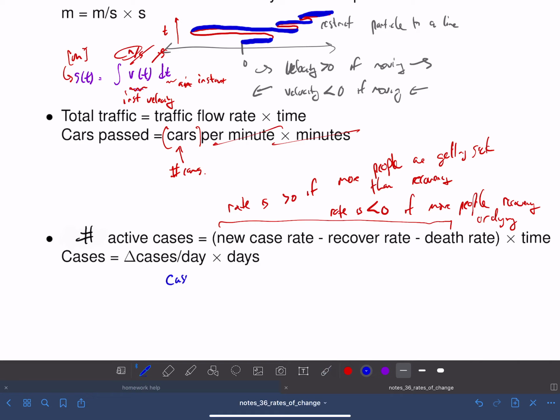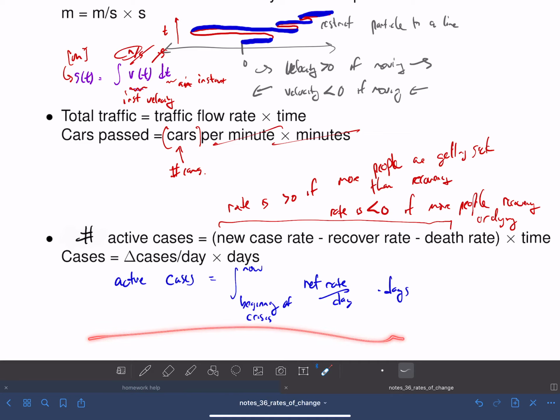The active cases is equal to the integral from the beginning of the crisis till now of the net rate per day times the number of days. Of course, this one's maybe a little more problematic than some of the other ones because these things happen kind of discretely.